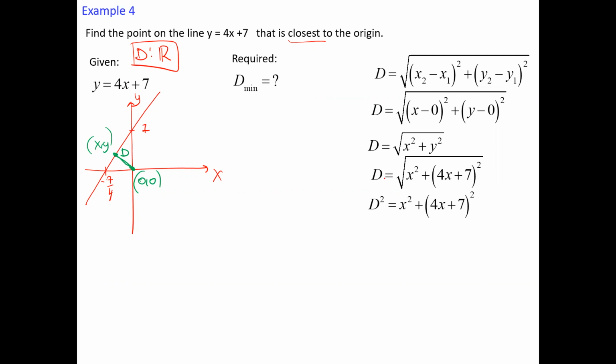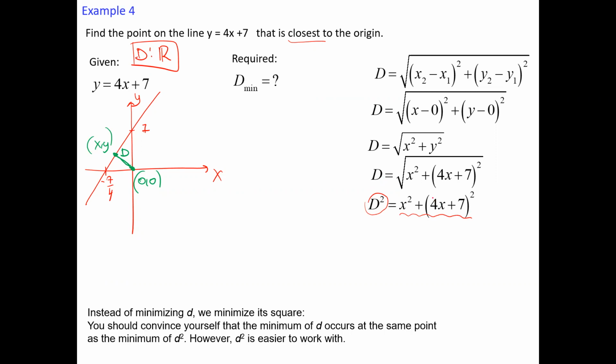And instead of d, this looks weird, but my function will be called d squared, because it's enough to work just with this function. If the quantity inside is minimum, then the square root of this quantity is also minimum. Instead of minimizing the entire distance, the square root, we can just minimize its square. That's the same thing. Now the function looks a little bit better.